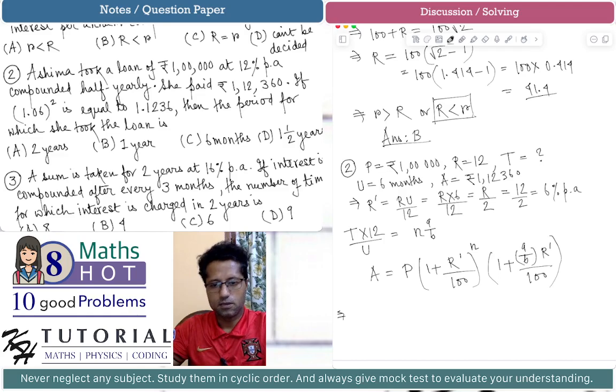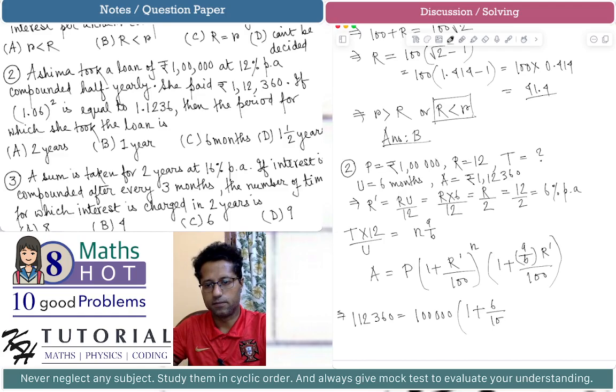Now the amount is 1,12,360 and the principal is 1,00,000. And R dash is 6, so 6 by 100.